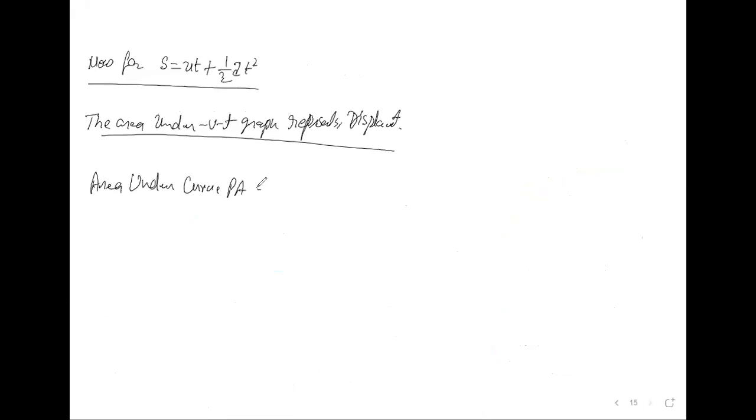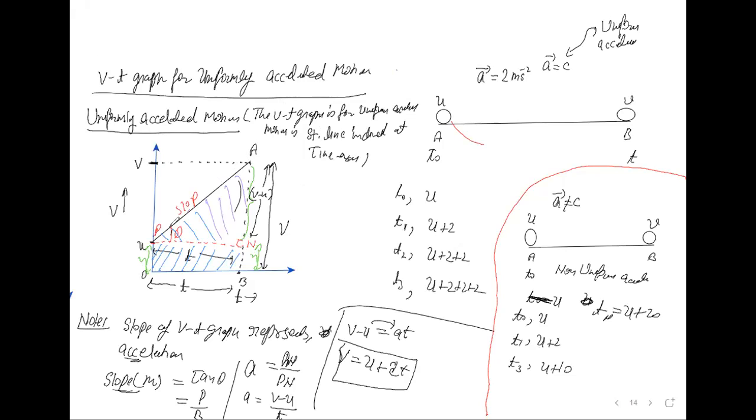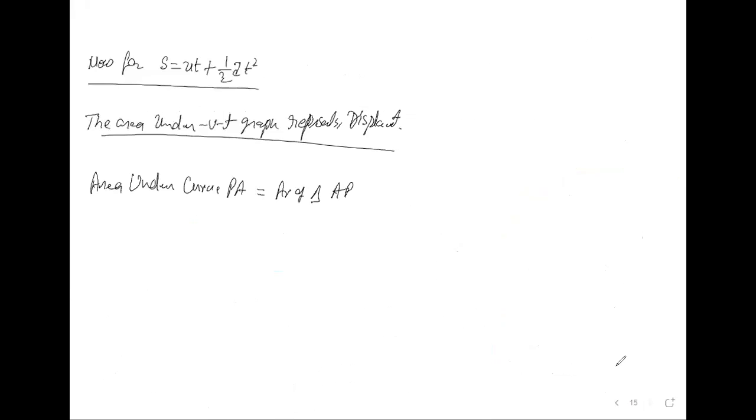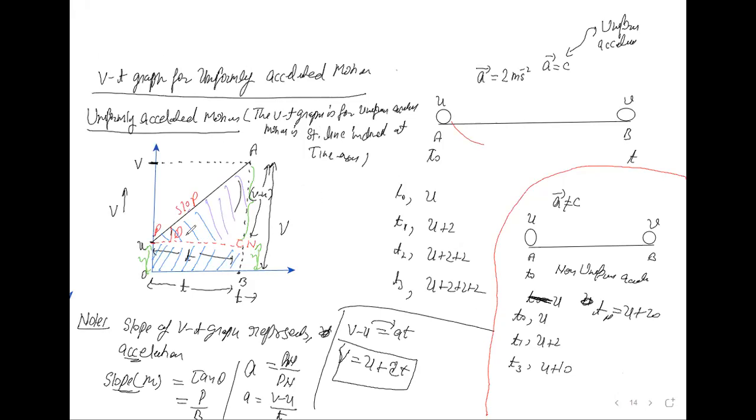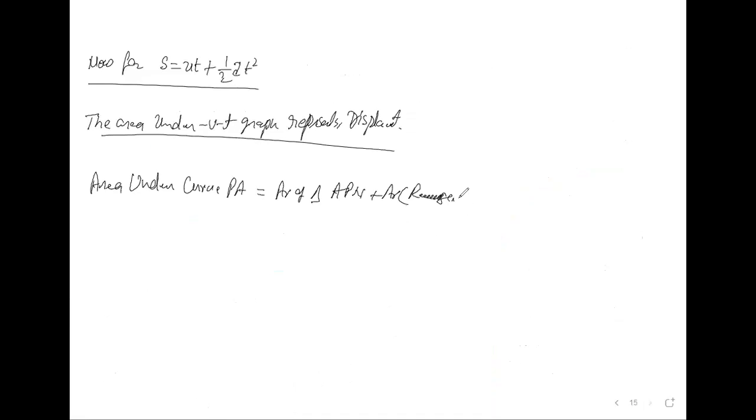The area under the v-t curve is first the area of triangle APN, plus the area of rectangle, naming it POBN. You can name it according to your convenience. This area represents the displacement.